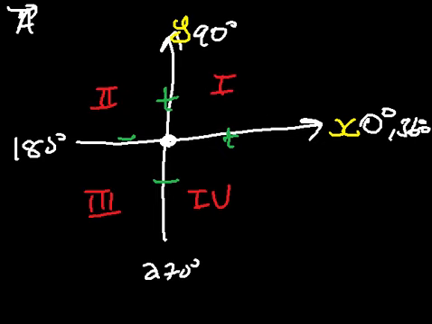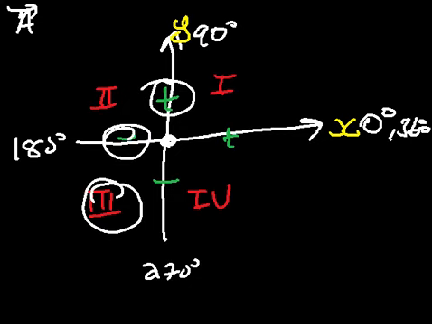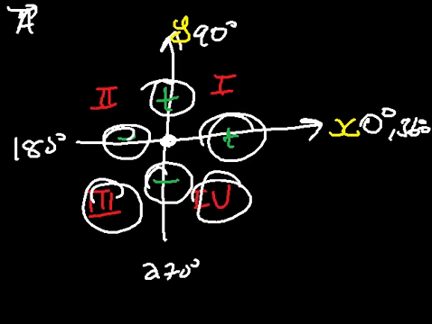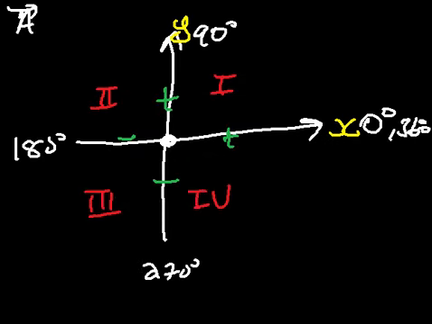Likewise, the vector in the second quadrant should have a negative x component and a positive y component. In the third quadrant, all components must be negative. In the fourth quadrant, the x component must be positive and the y component must be negative. So keep that in mind.